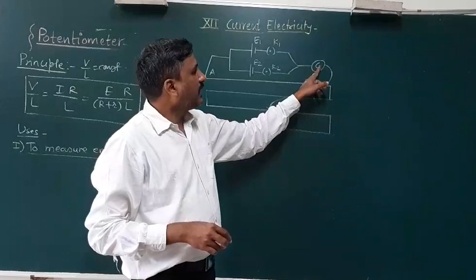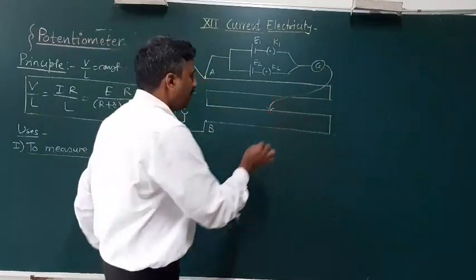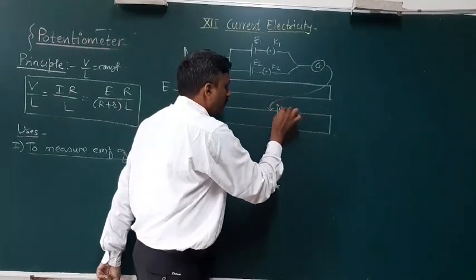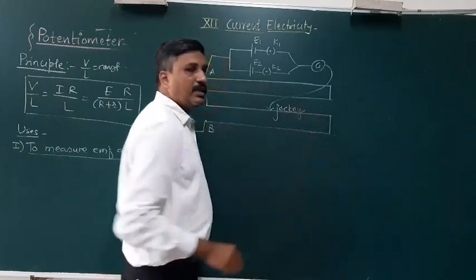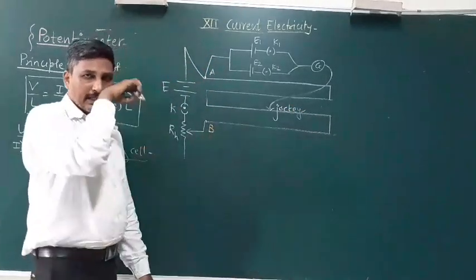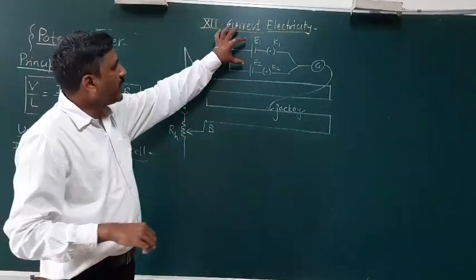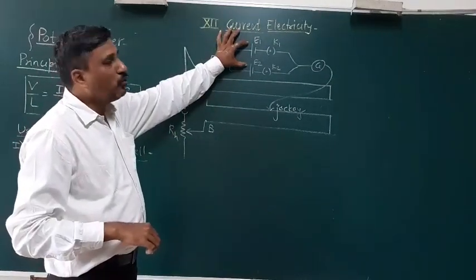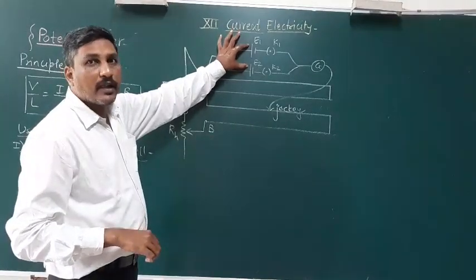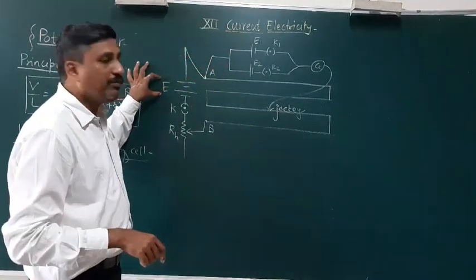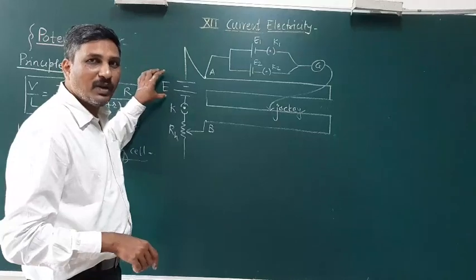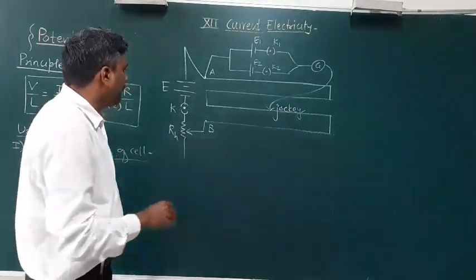Another terminal of the galvanometer is connected to the jockey, which finds the zero deflection or null point. Remember that the EMFs of the two cells, E1 and E2, are less than the EMF of the source, the battery.